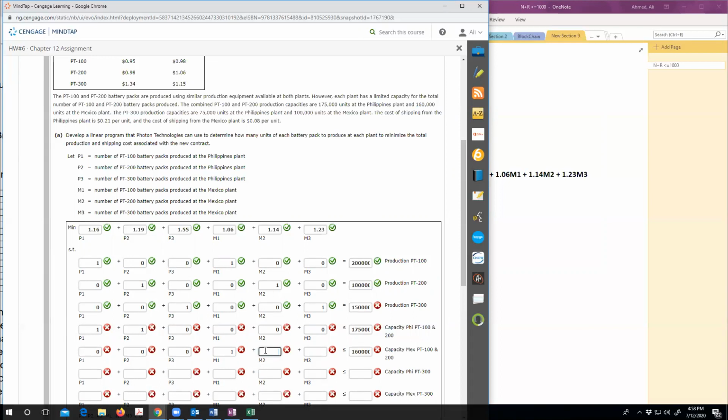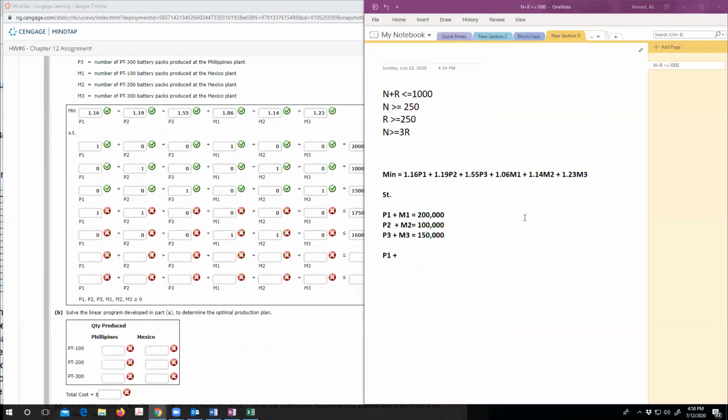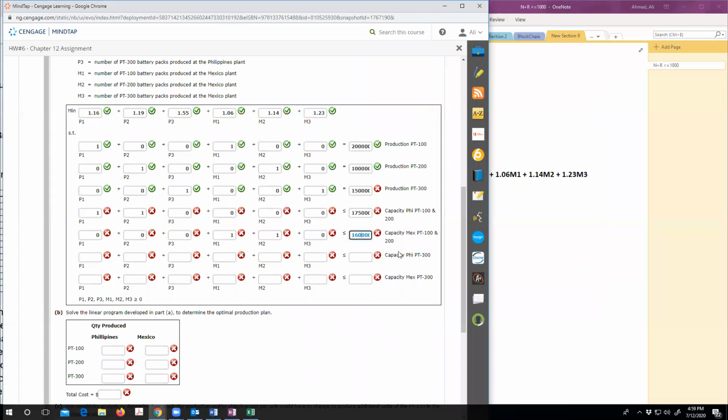So here we have P1 plus P2 equals 175,000, and here M1 plus M2 equals 160,000.